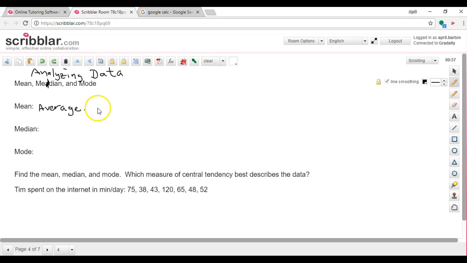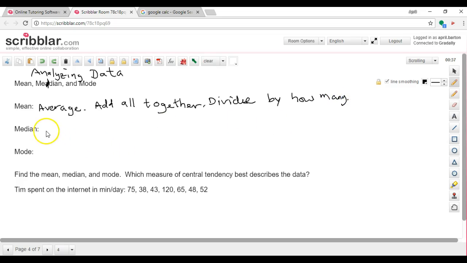For the mean, you're adding all the numbers together and dividing by how many there are. If there's 5 numbers, divide by 5. If there's 8 numbers, divide by 8. Median just means the middle number.